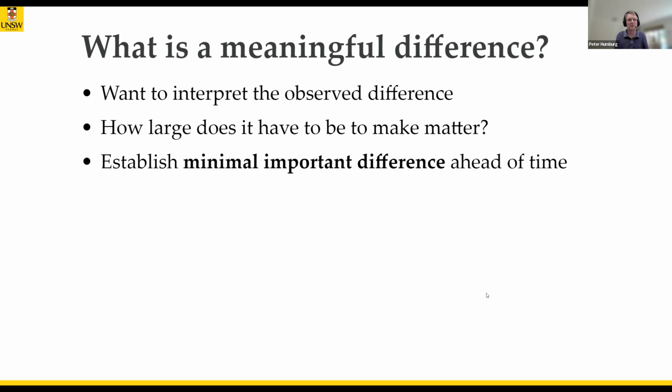What's the minimal important difference? And that is something that you ideally think about ahead of time. And then once you know that, that provides some context for the data you found.